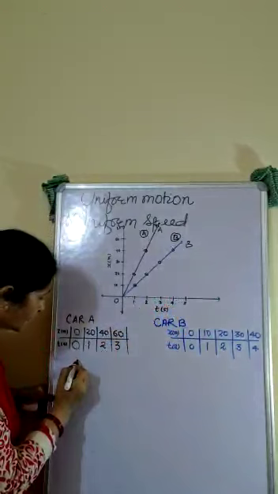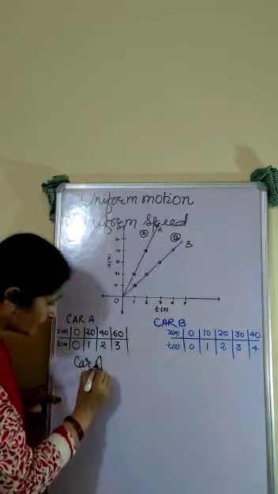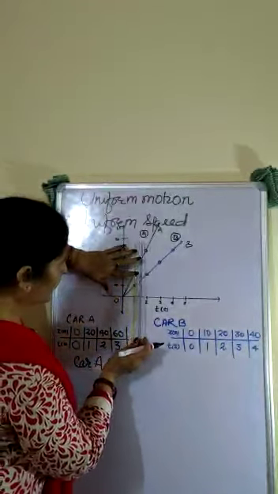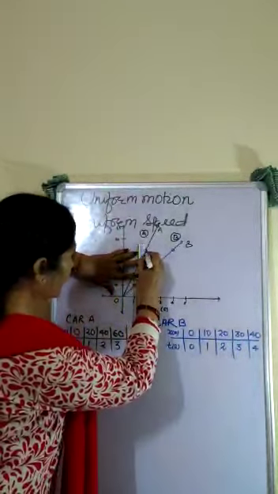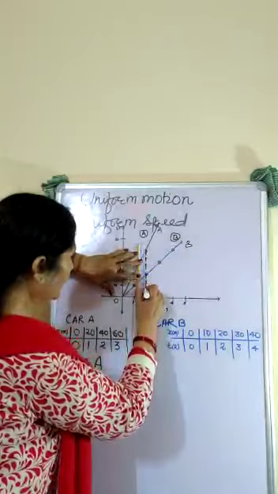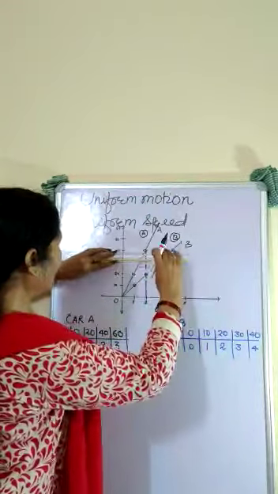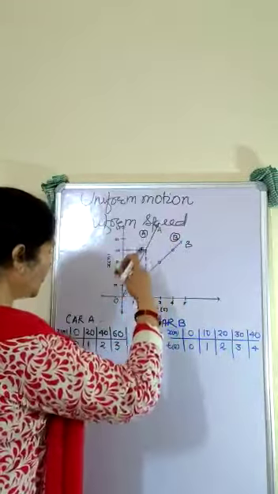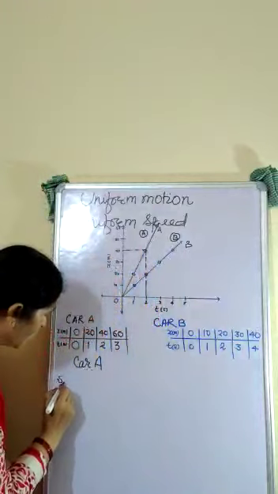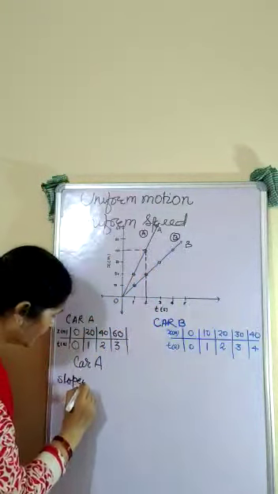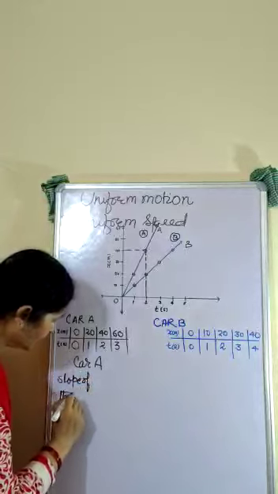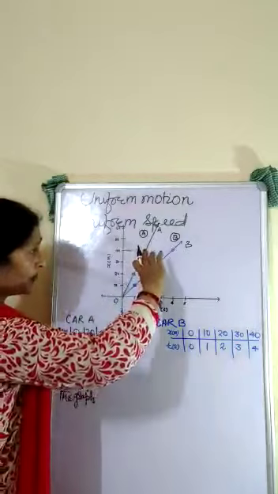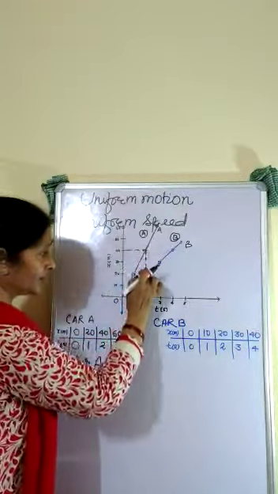For car A, let us take any one situation. This point we will take. This is at 2 seconds. The distance travelled by car A is 40 meter. And the slope of the graph will give what? Slope of the graph will be equal to perpendicular by base for this triangle.